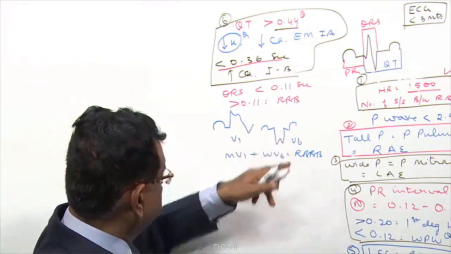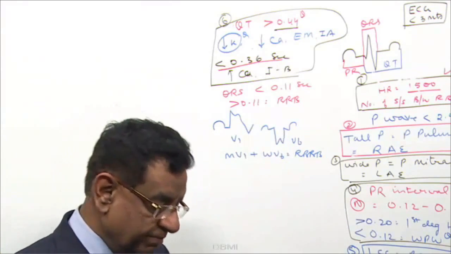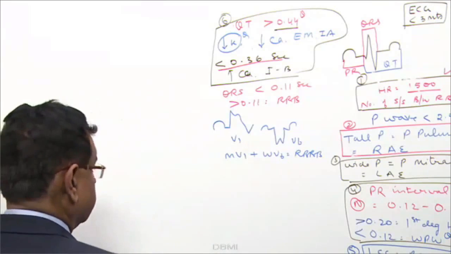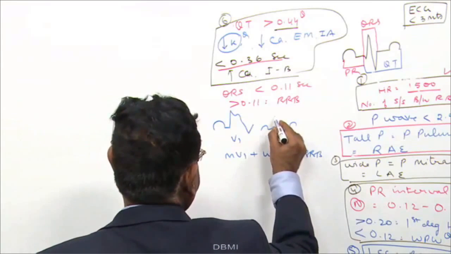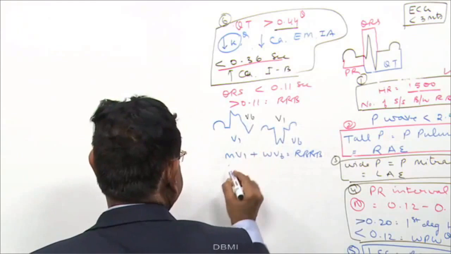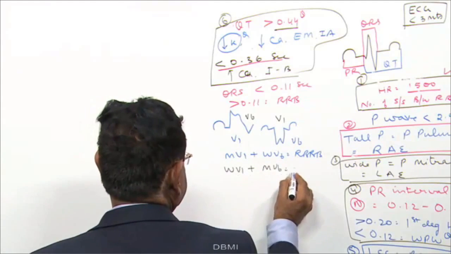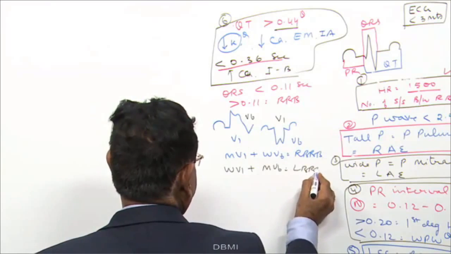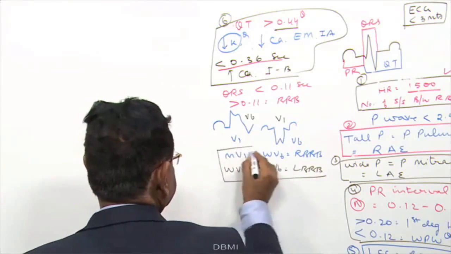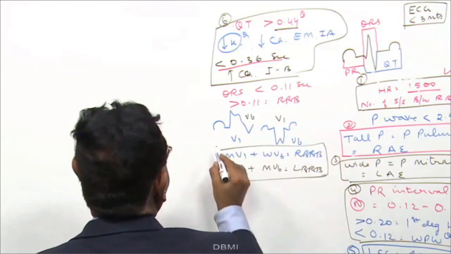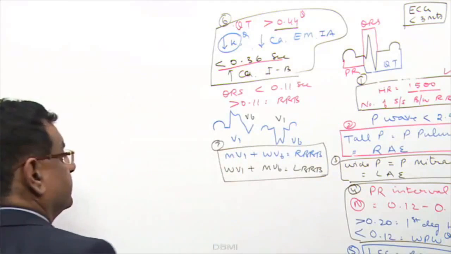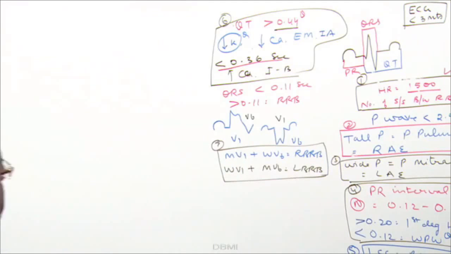But if it is reverse, that means if you get W in V1 and M in V6, it is left bundle branch block. This is box number 7.